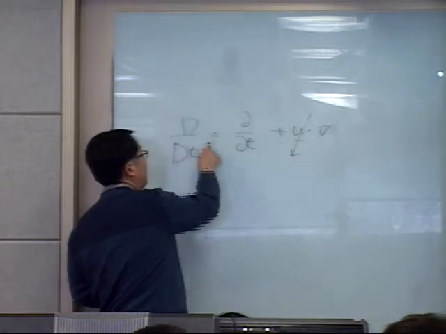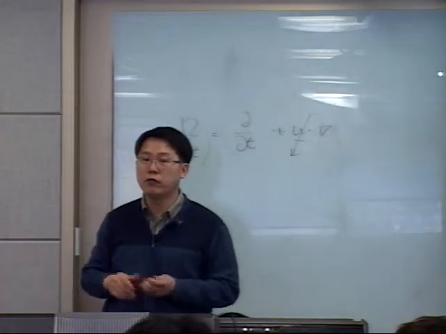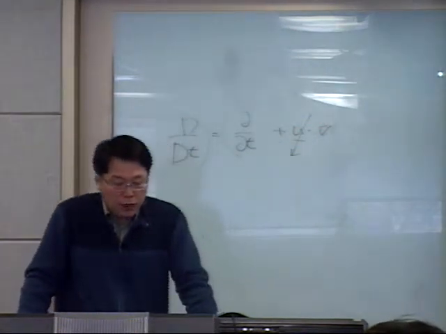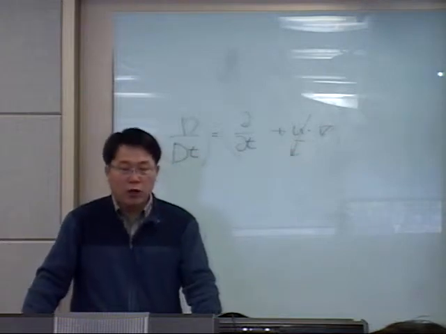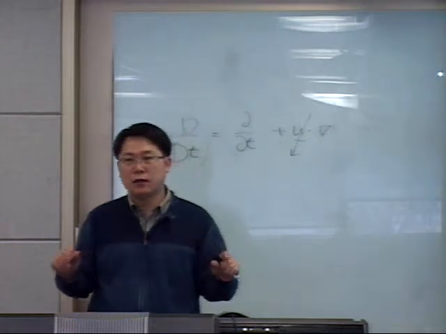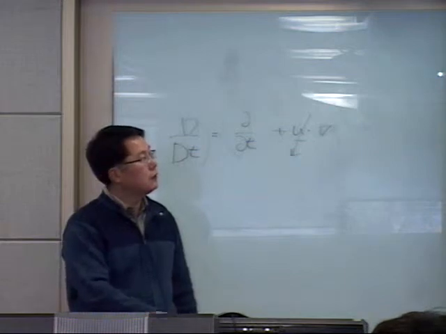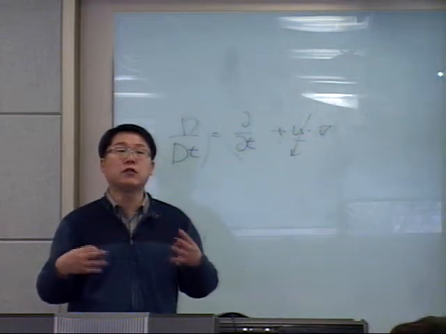So the material derivative equals a partial derivative with respect to time. So if we have a structural analysis tool, you can solve this equation, then you can get the temperature distribution.